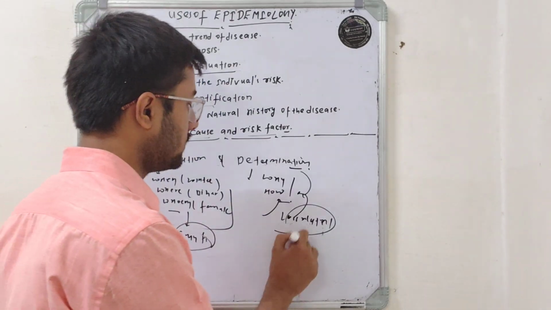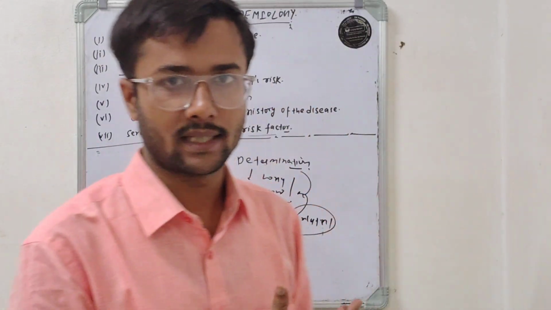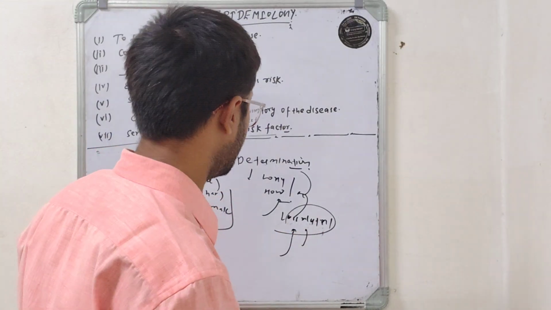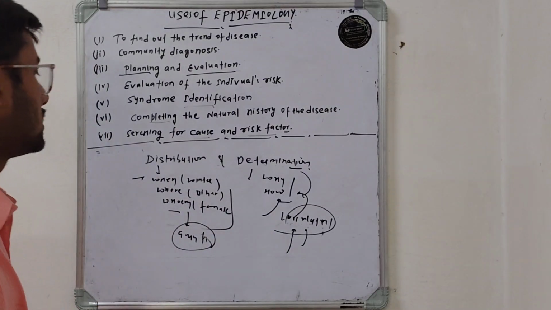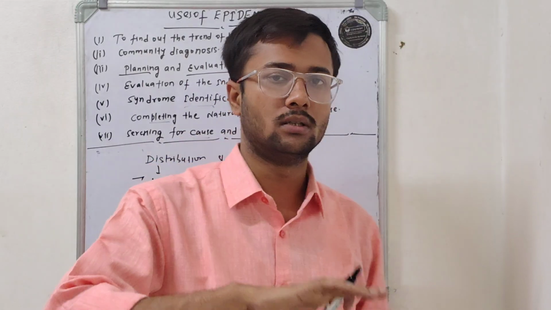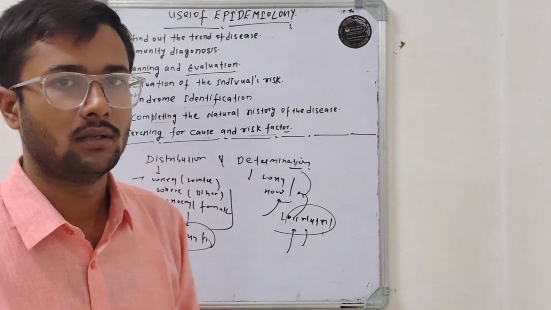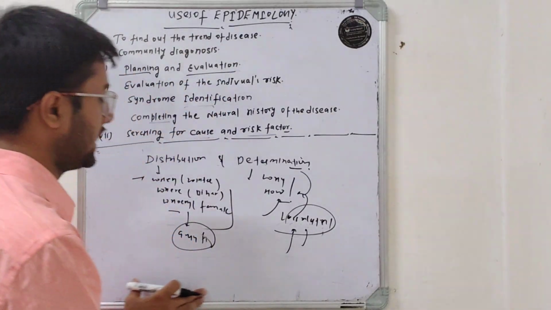Then, as management, we send lots of packets of food so we can treat those conditions. So with the help of distribution and determinants, we have an idea about where the disease occurs and whom it affects, and we go for better management planning.